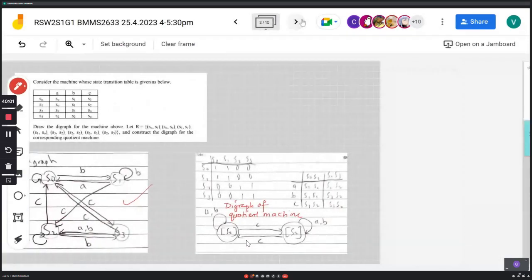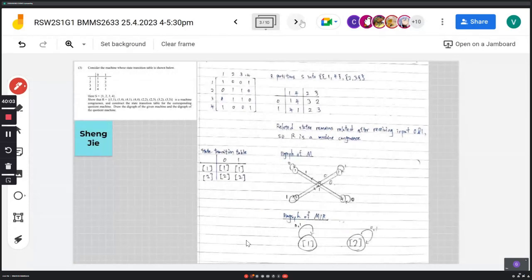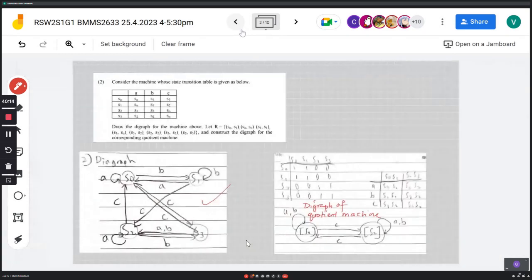Okay, understand? Question 2 and 3. As I told you just now, if you cannot straight away draw from here, you can form the table first.